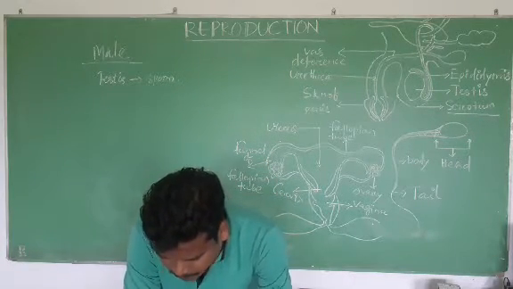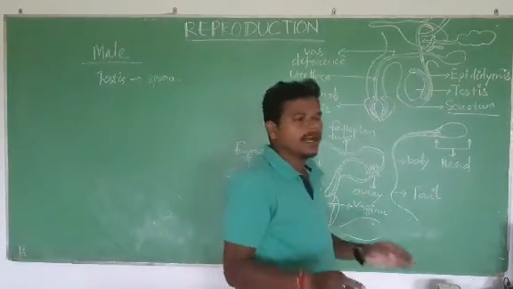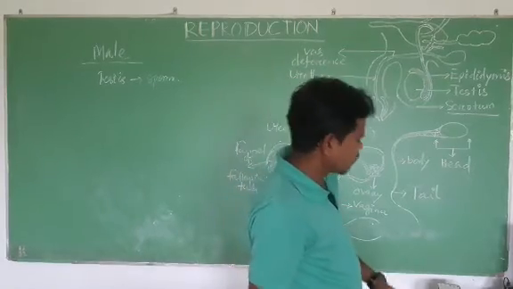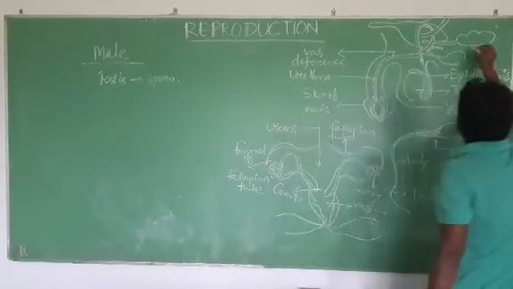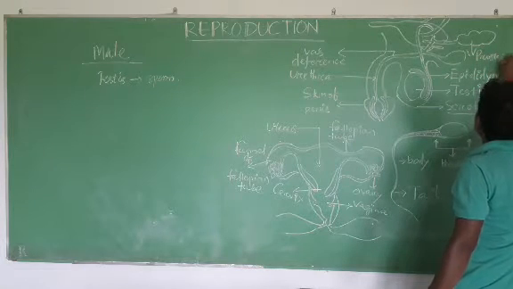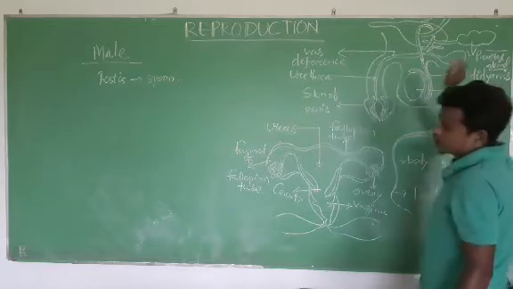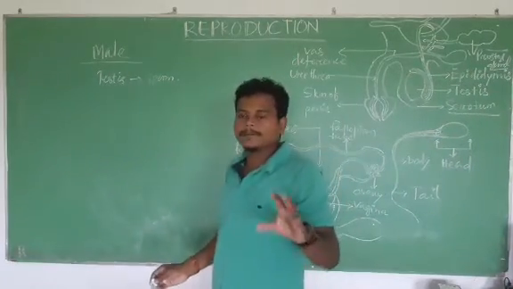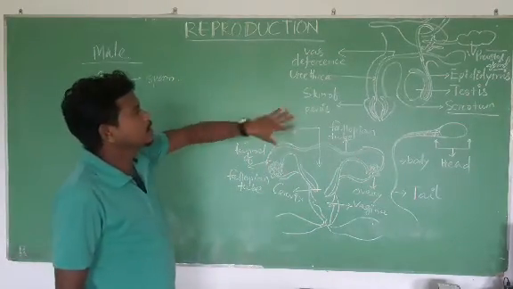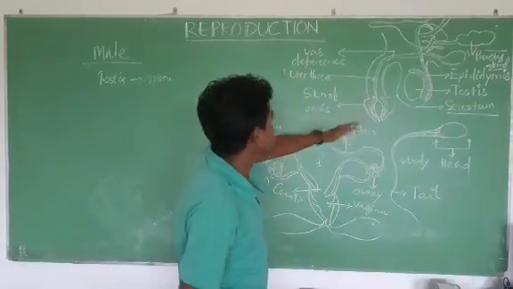This is responsible for the collection of mature sperm along with some secretions. And this gland you can see here is called the prostate gland. It produces a fluid that contains nutrients for sperm, and that fluid is also mixed in before the ejaculation of sperm through the penis.